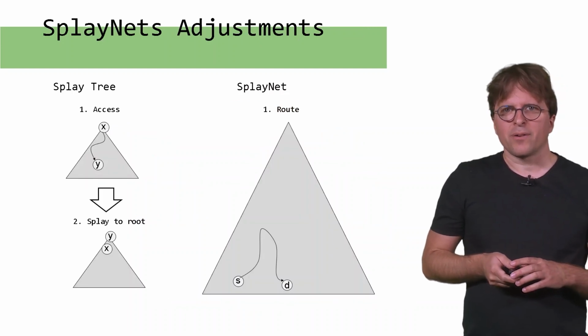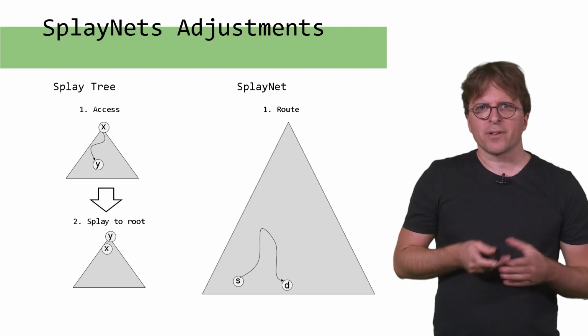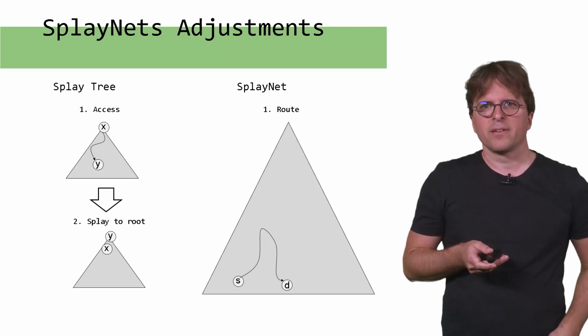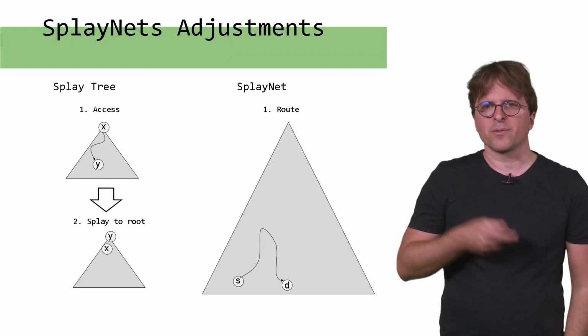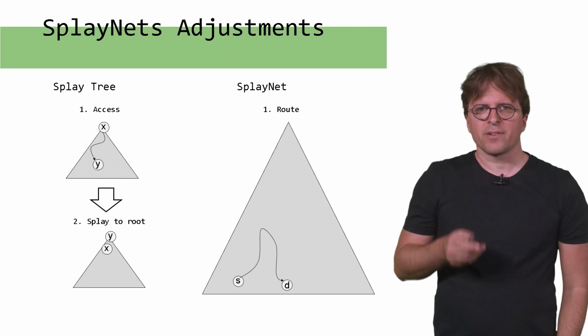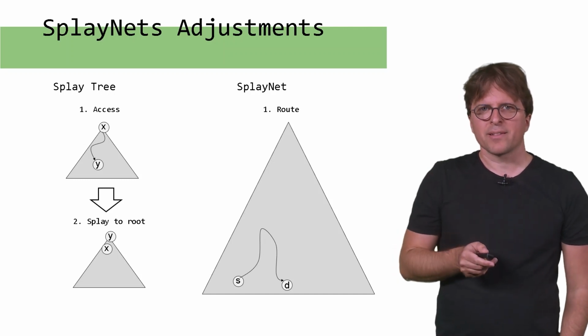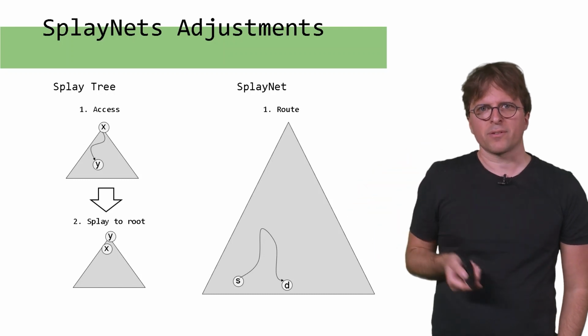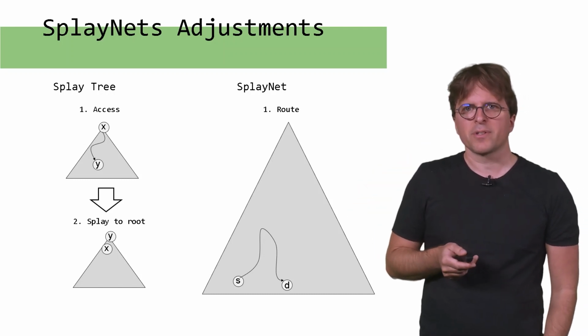So how can we now adjust a network that is inspired by these splay trees, but where we have these pairs of communication sources and destinations? In the splay tree, remember we had this access from the root, and then if y was accessed, it was promoted or splayed up to become the new root.